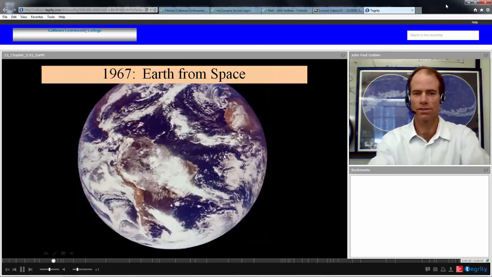Here's a picture, 1967, Earth from space, and I never tire of looking at these pictures of the Earth from space. Just such a beautiful world. And looking at this, you can start seeing some of the contours of, say, South America that might fit into the contour of Africa over here.